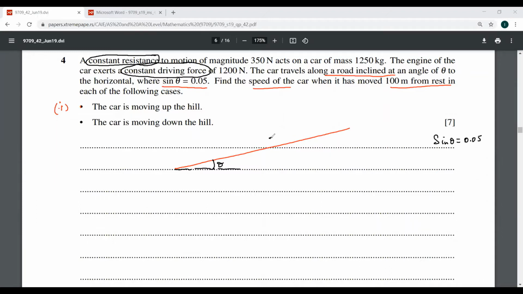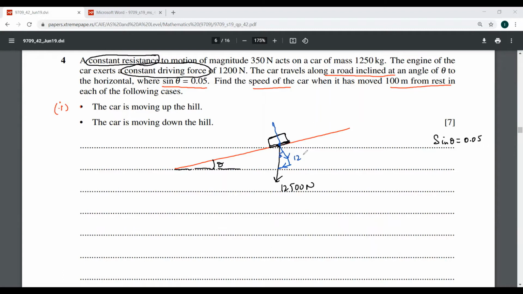Now here is a car. The mass of the car is 1250, so the weight is 12,500 newtons. We resolve this like this. This is theta here.